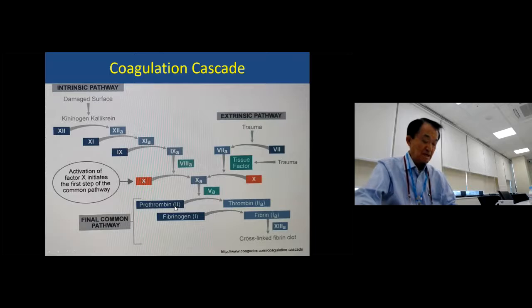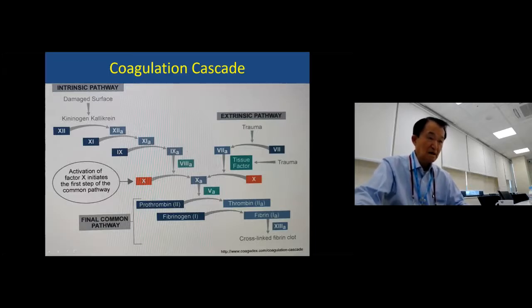Clinically, the prothrombin time using the extrinsic factors is about 10 to 12 seconds. But the partial thromboplastin time utilizing intrinsic and common pathway factors is about 30 to 45 seconds.